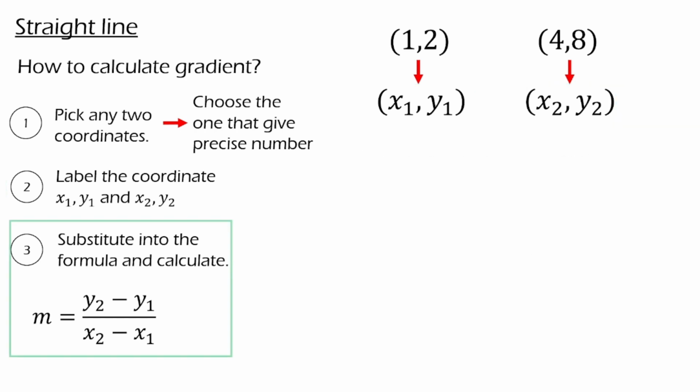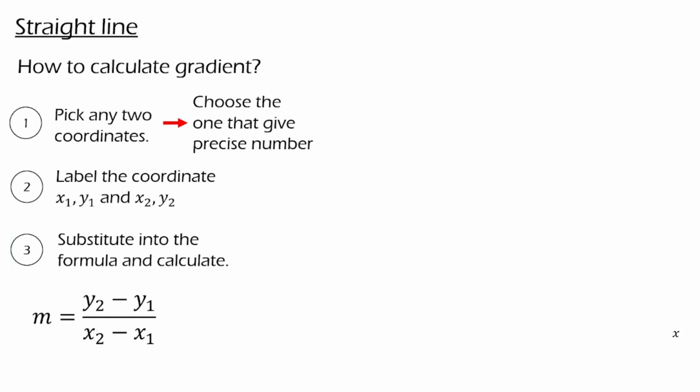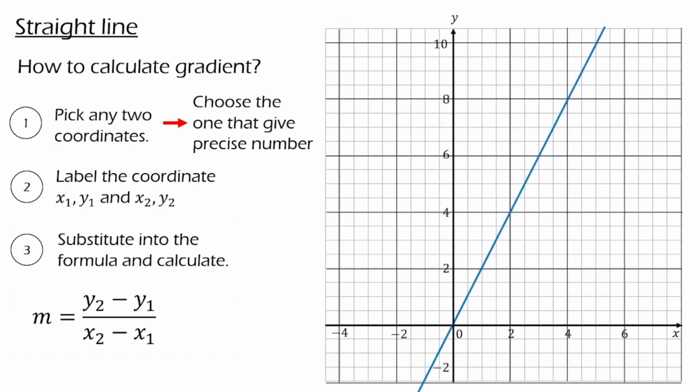For the final step, substitute the x and y into the gradient formula, where m equal to y2 minus y1 over x2 minus x1. Continue solving it, we have our gradient equal to 2. We have discussed all the steps. Let's try one example. Start with choosing two coordinates.